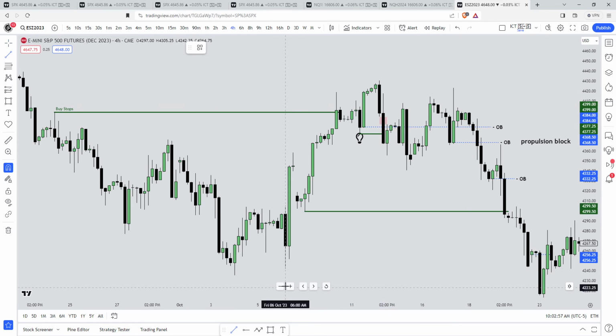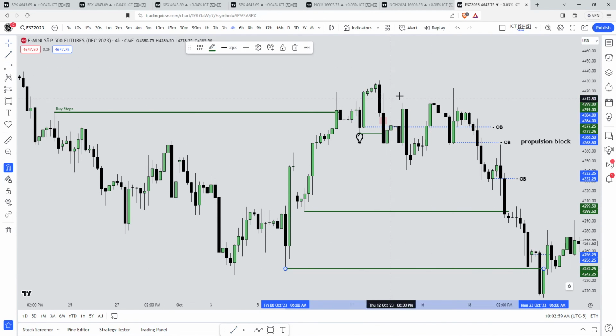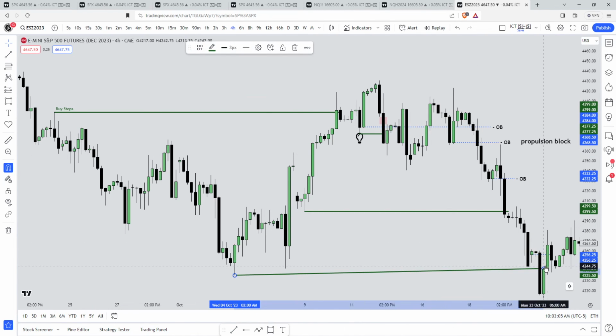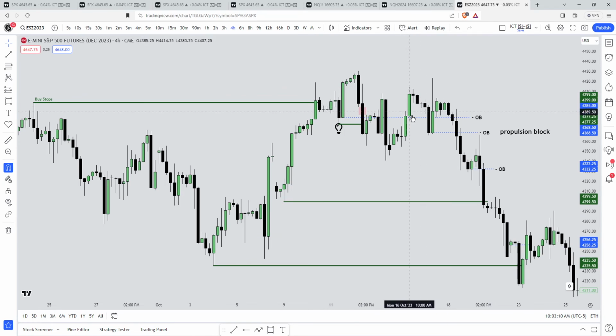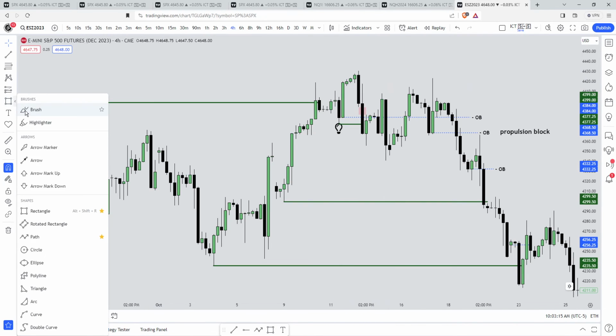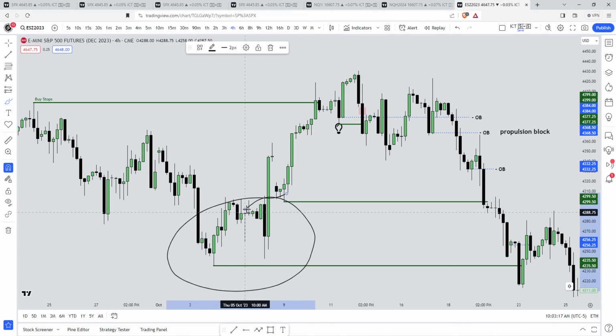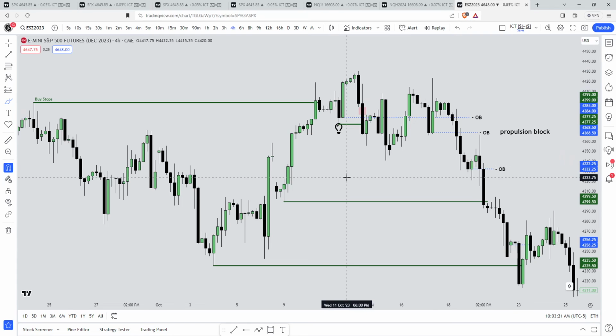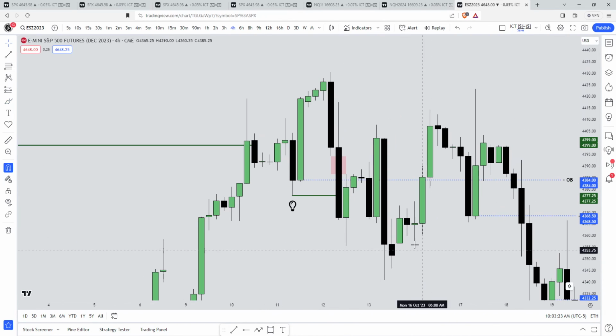So it's going to start targeting these old lows. If you do look on my Twitter around, I believe it was like October 15th-ish, I was looking for lower prices. The idea here is that this indicated the change in the state delivery for us, and it indicated that these lows down here would get targeted. So this is a signature to look for at reversal points, a change in the state delivery.